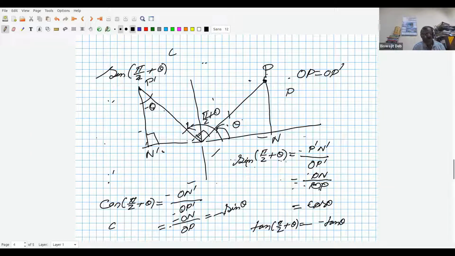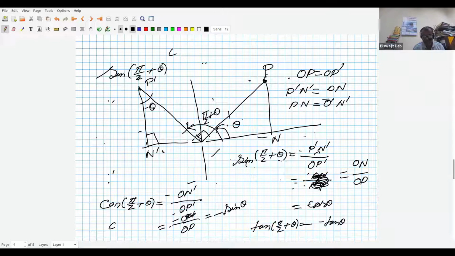But PN dash is equal to ON, and P dash N dash equal to ON, and PN equal to O dash N dash. So in that case, this is not ON by OP. This is OP fine, but P dash N dash is nothing but ON, and that's why it is coming out to be cos theta.